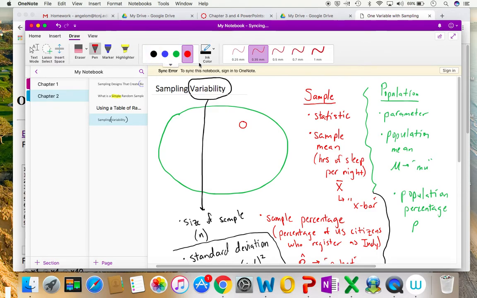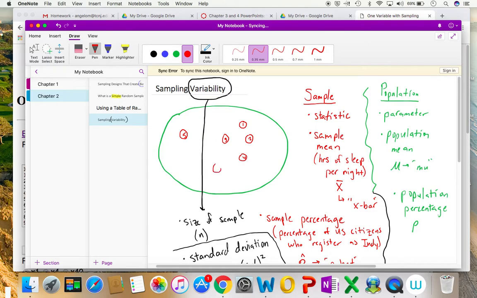This is my population, my first sample is right here, and I'm going to label that number 1. Sampling variability means that as I gain more and more samples, every sample is going to be a little bit different. I'm drawing these locations arbitrarily, but you can see how they're spaced out. Maybe I get one over here.